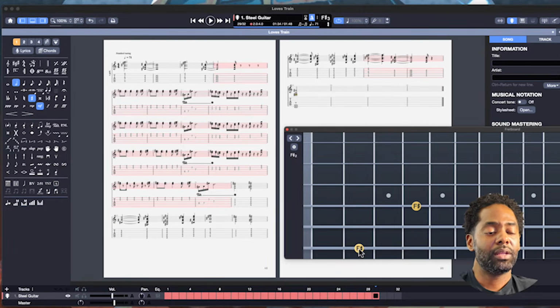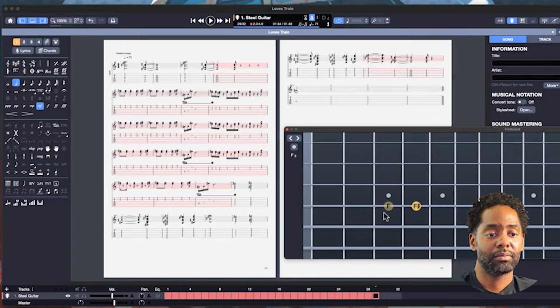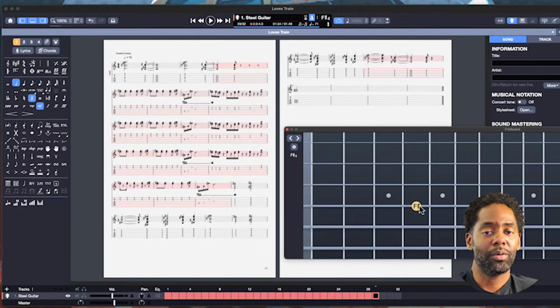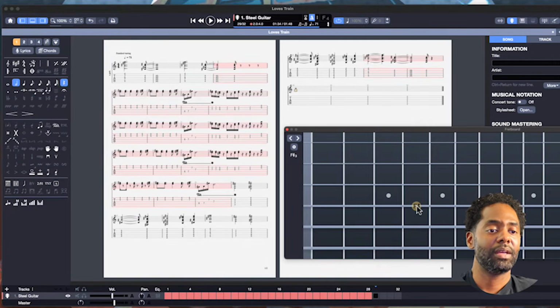So, but again, the way that you count that up, this minor scale, okay, I would play it straight if I didn't notate it ahead of time or whatever.